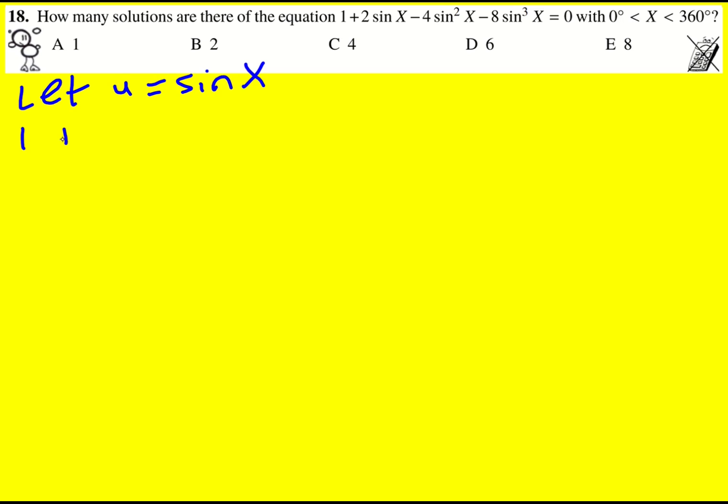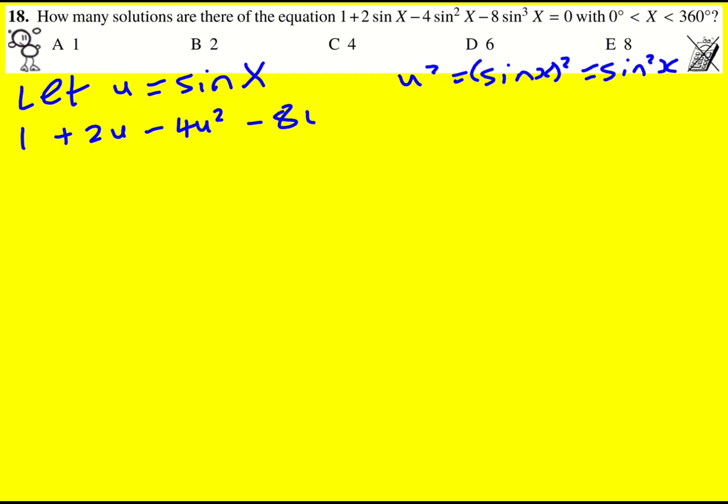So that's going to give me 1 plus 2u minus 4u squared, because if u is sine x, then u squared is sine x all squared, which is what we mean when we write down sine squared x. And then similar for cubed, so 8u cubed equals 0.